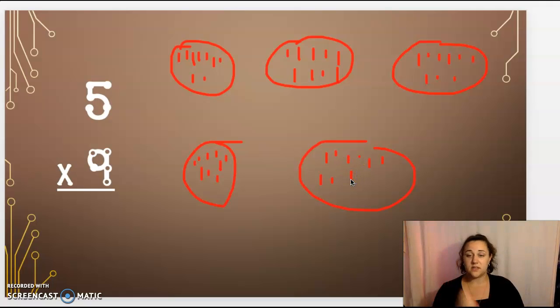Poof, lots of 9s. So now I have 9 in each group and I have 5 groups.